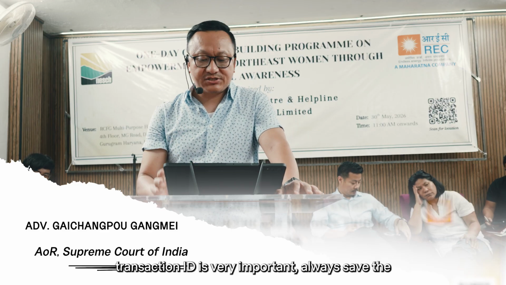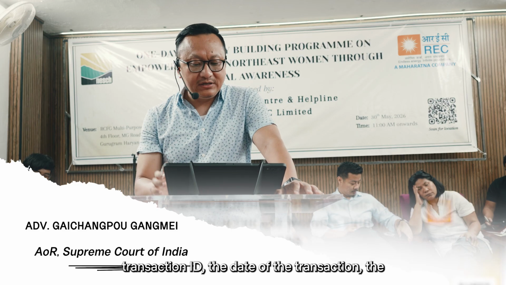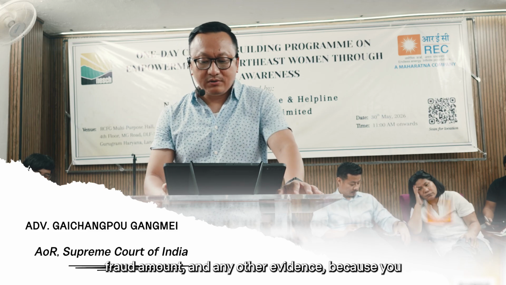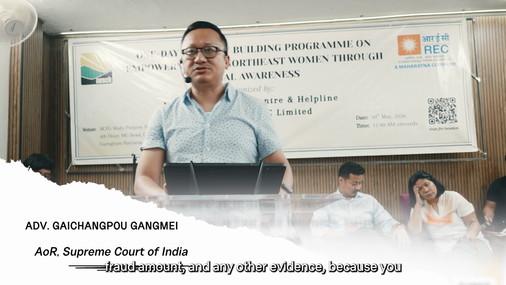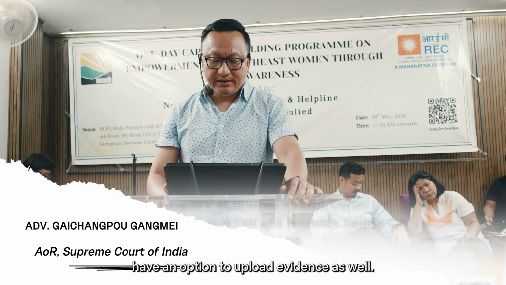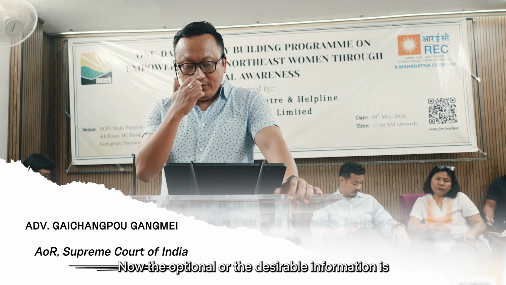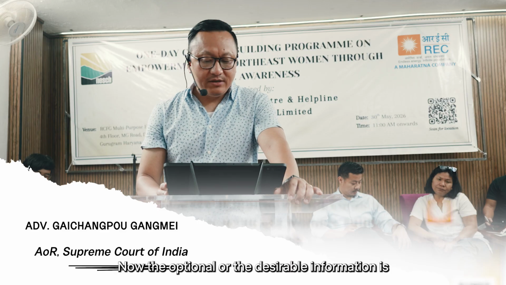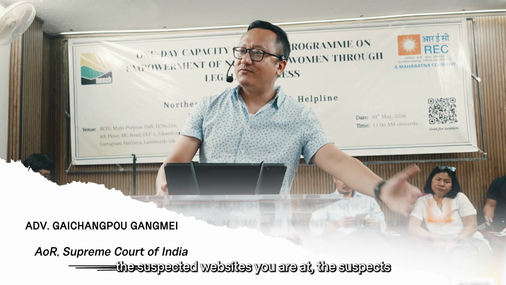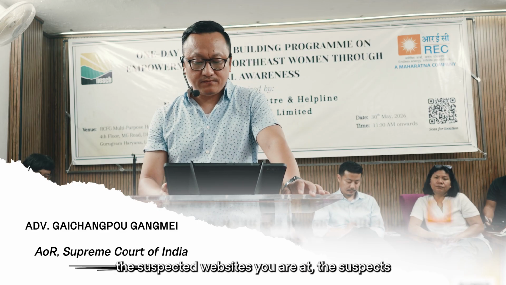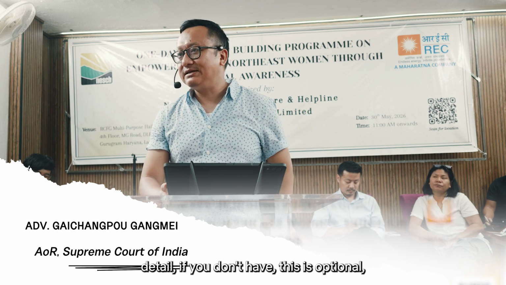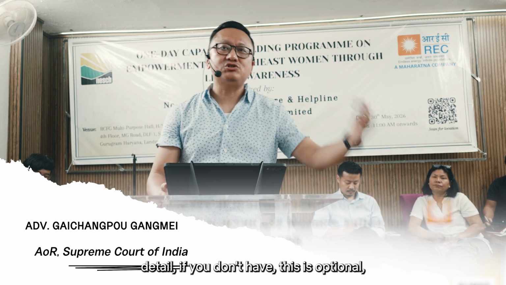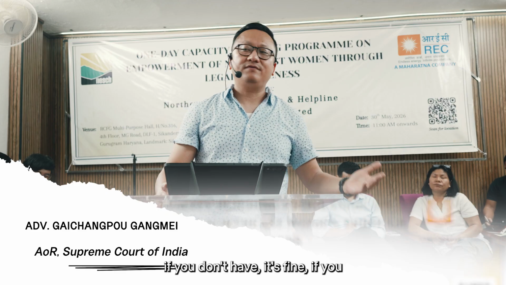Always save the transaction ID, the date of the transaction, the fraud amount, and any other evidence, because you have an option to upload evidence as well. Now the optional or desirable information is the suspected website's URL and the suspect's details. If you don't have it, this is optional, it's fine.